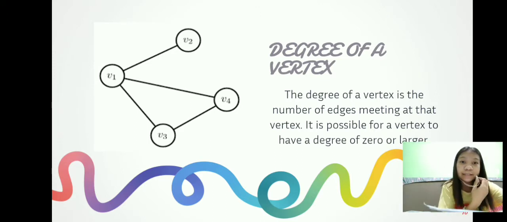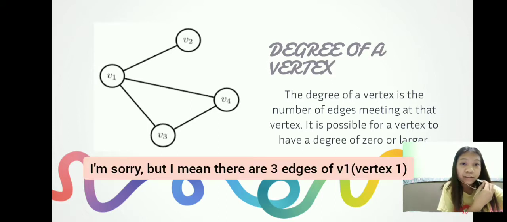So for example, in the picture on the left side, there is a graph, and the dots or circles, which are the vertices, are V1, V2, V3, and V4. That means vertex 1, vertex 2, vertex 3, and vertex 4.